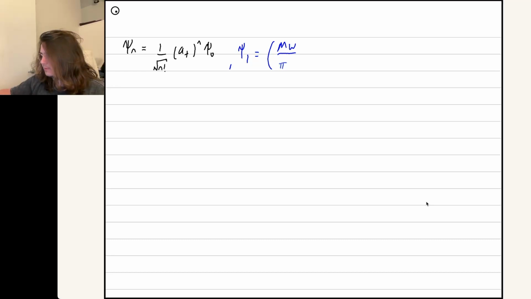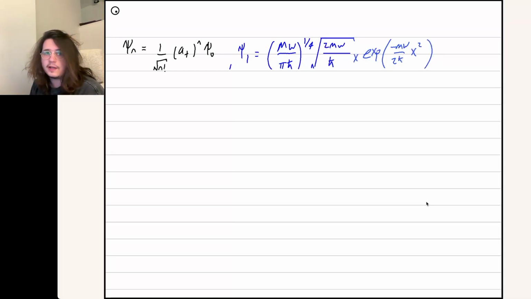Here, you got (m omega over pi h bar) to the 1/4 times square root of 2m omega over h bar, times x, e to the minus m omega over 2h bar x squared.